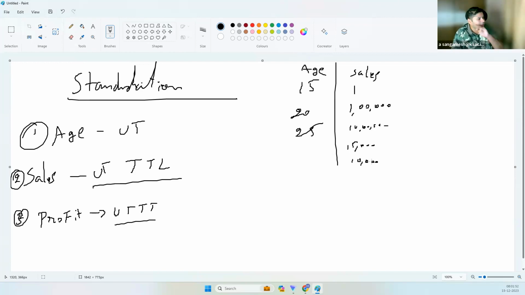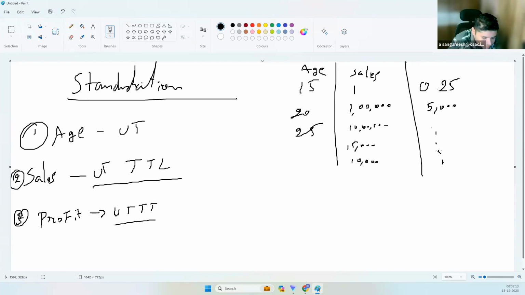Sales can vary, agree with me? Profit might be a little lower. If sales is 1 lakh, profit might be 5,000. I'm just giving you a rough idea. It will be a little lesser than sales itself.